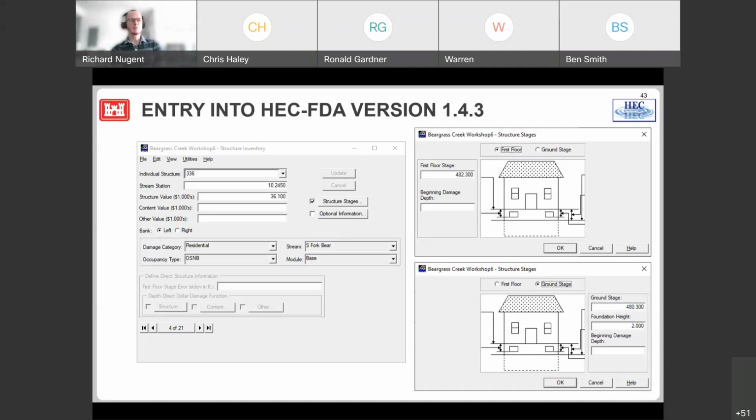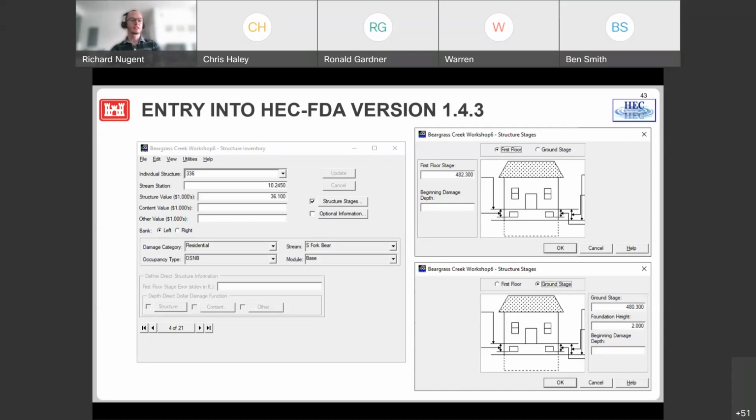And note that beginning damage depth, that is a depth, right? It's not a stage. So let's say the stage of the basement window were 481.3, then we would enter the beginning damage depth as 2 feet, because it's 2 feet below the first floor stage.